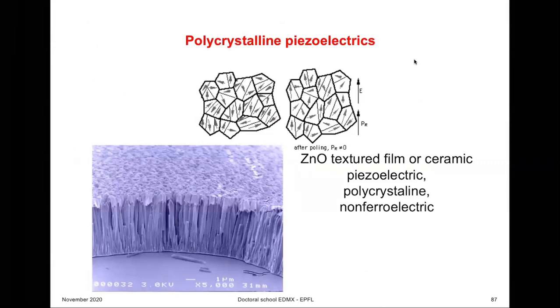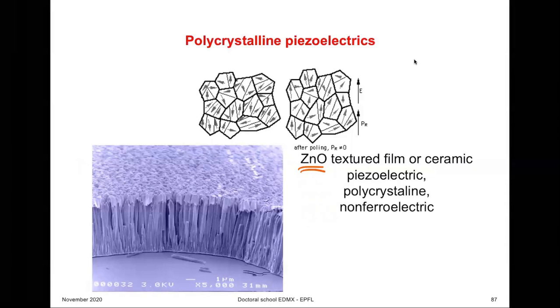Now, it's possible to make a polycrystalline material, basically a ceramic material, in which all grains are already oriented in the same direction. And if not all, then the majority of the grains are oriented in the same direction. So here is an example of zinc oxide. Zinc oxide is a polar material. It's not ferroelectric.